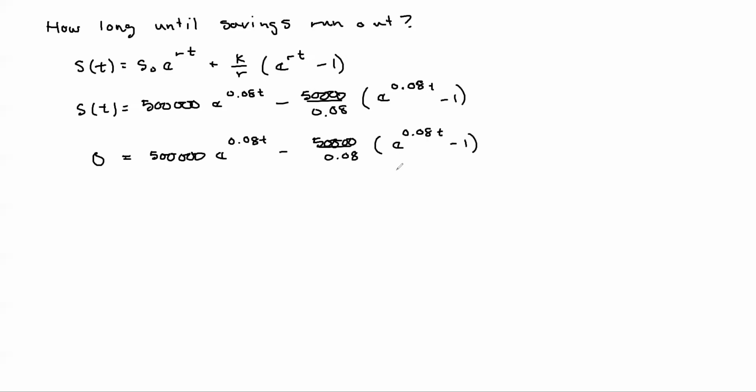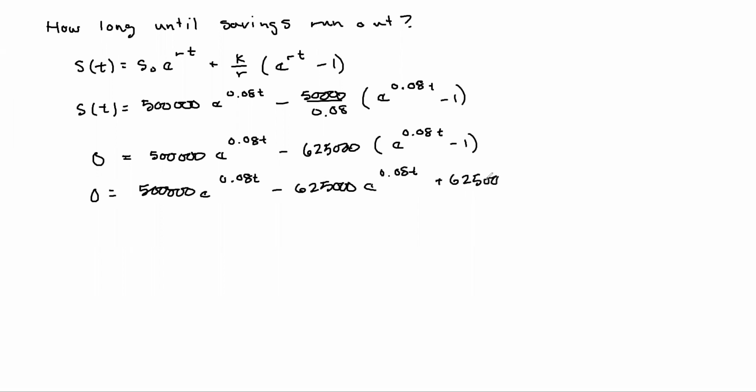To calculate that, let's go through and multiply this out. When you calculate that, you're going to get 625,000. And then we can distribute, and then you can combine these.